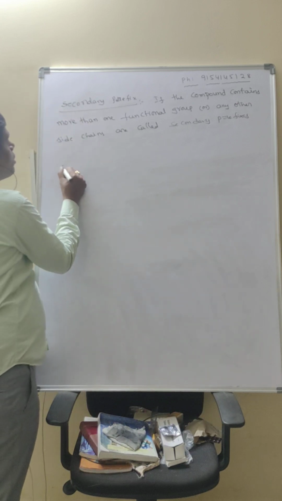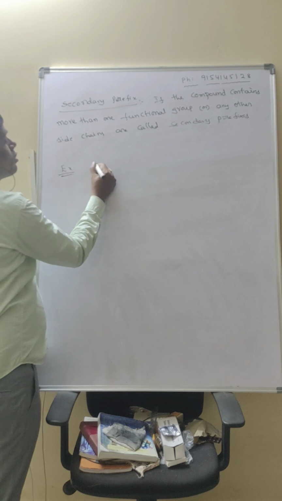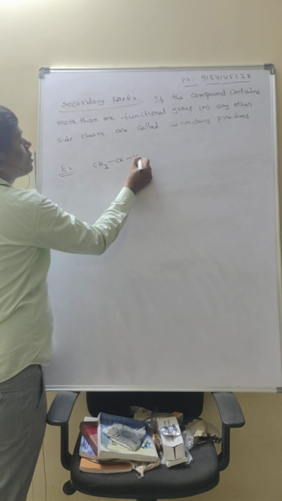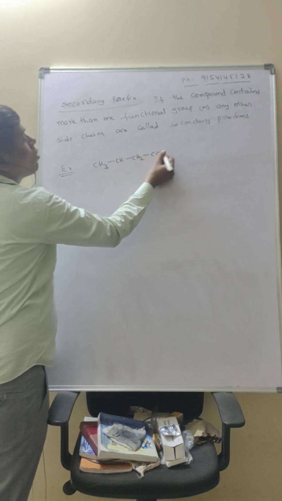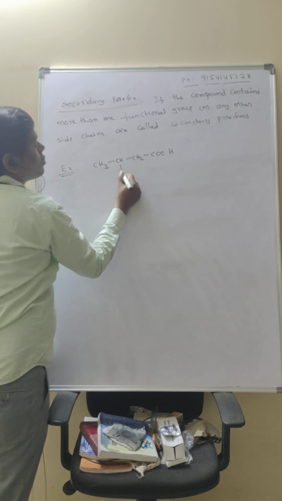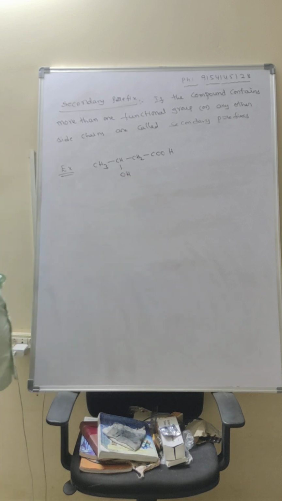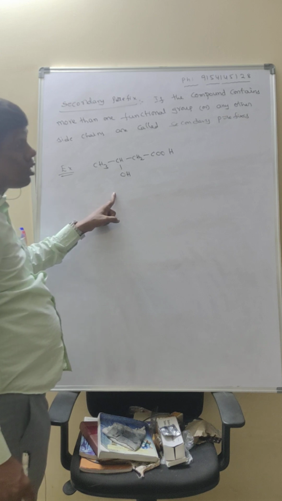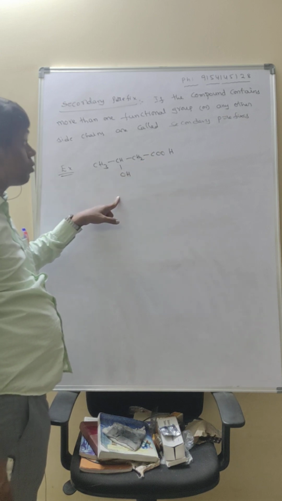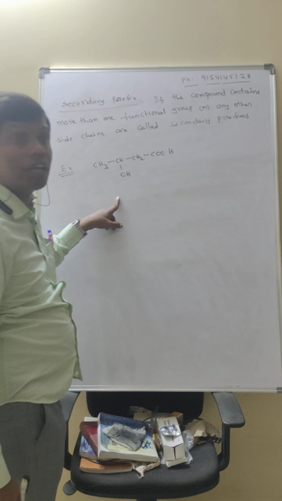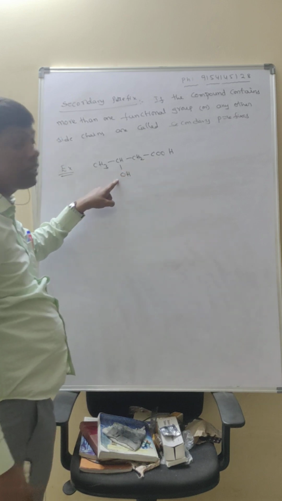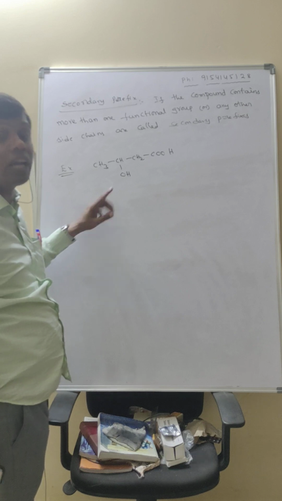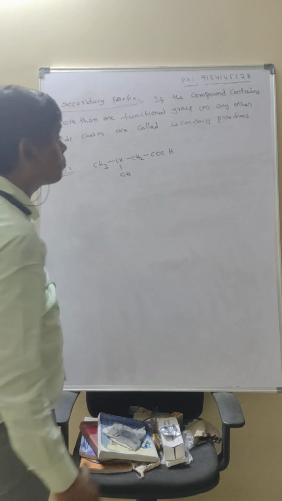Example: CH3, CH, bond CH2, bond COOH, and OH also there. Before, in the note, we discussed that when a compound contains more than one functional group, here two functional groups are there: one is carboxylic acid and another is alcohol. Which one has the highest priority acts as the main functional group.